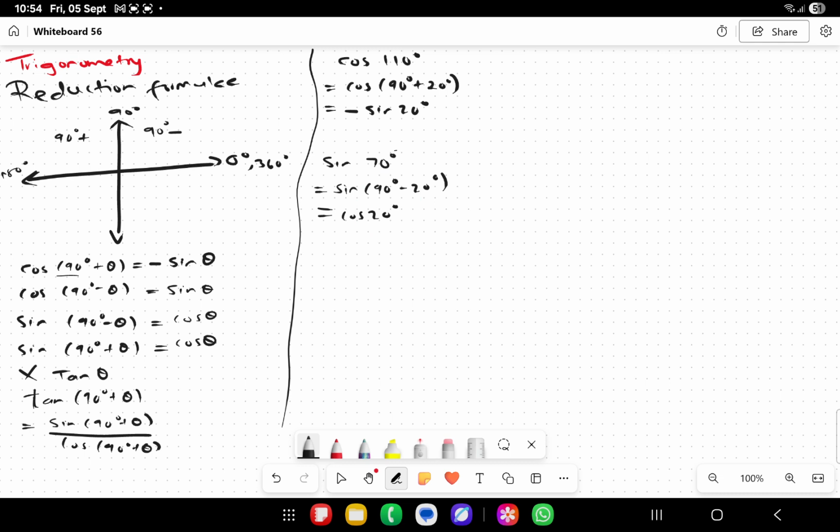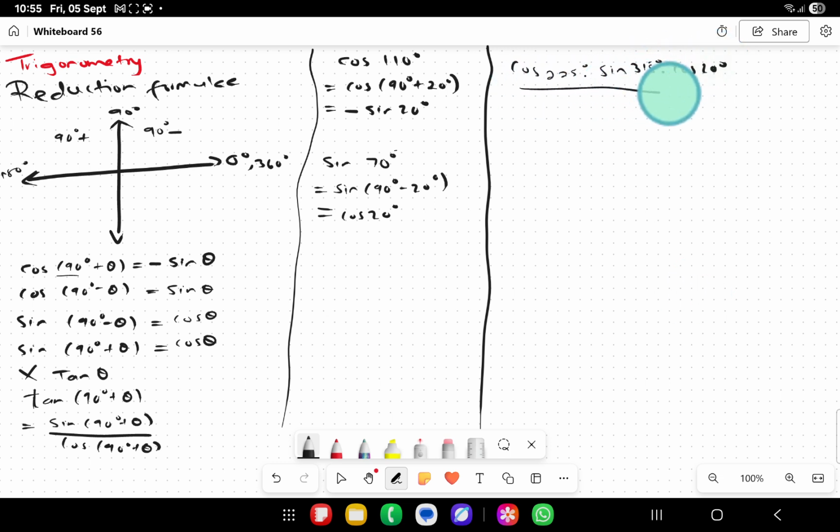Let's look at where this applies. I'm going to put everything together now. All right, if I have the cos of 225 degrees times the sine of 315 degrees times the cos of 20 degrees, all over sine 135 degrees times sine 70 degrees.